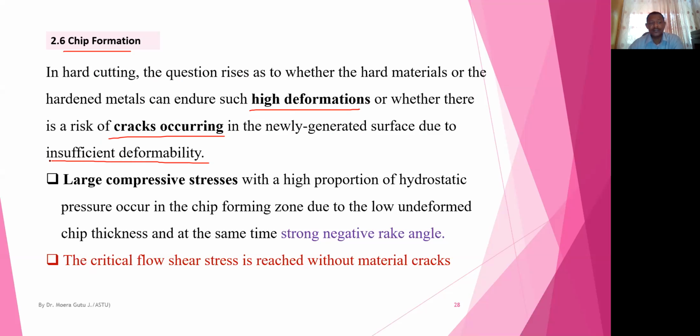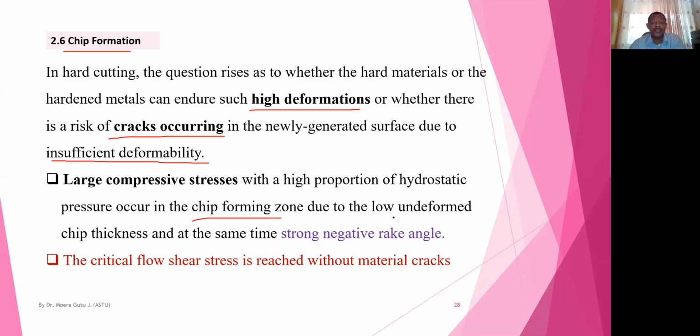In machining, I told you we need high deformability, meaning it should be easily machined, so the cutting tool life can be more and the machined surface can be smooth. Large compressive stresses: it is clear that machining imposes a compressive stress, not a tensile stress, with a high proportion of hydrostatic pressure in the chip formation zone due to the low undeformed chip thickness.